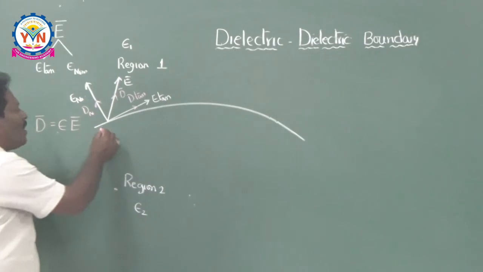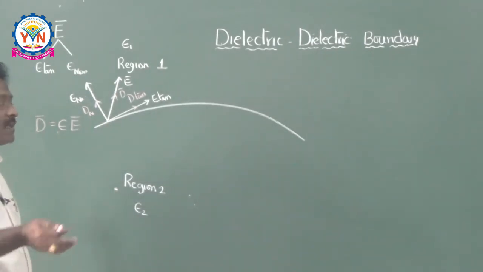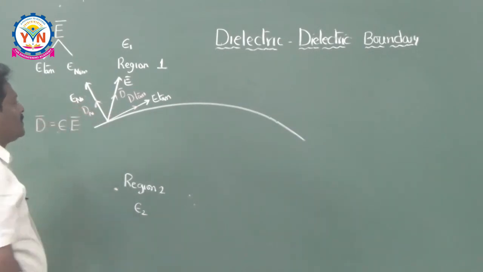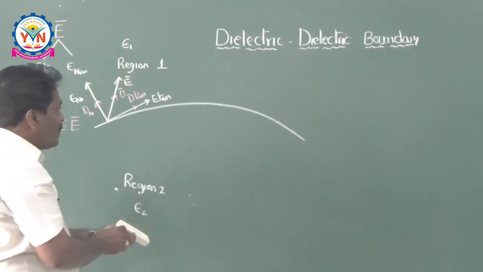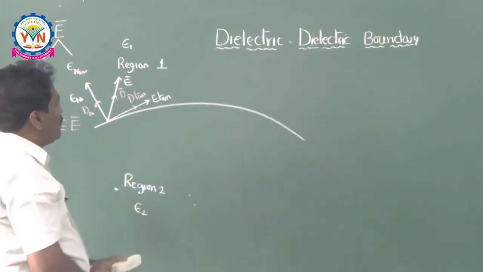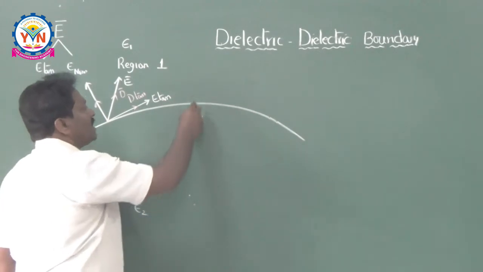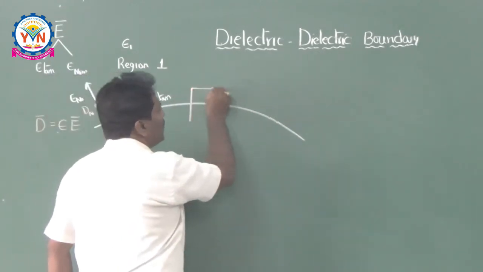Once you know all these factors, I would like to discuss the tangential components first. What are the tangential components here? The component which is along the surface. For the tangential components, let us consider a rectangular box here, as I told already in the last class.